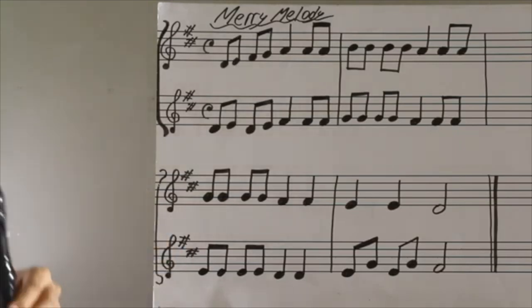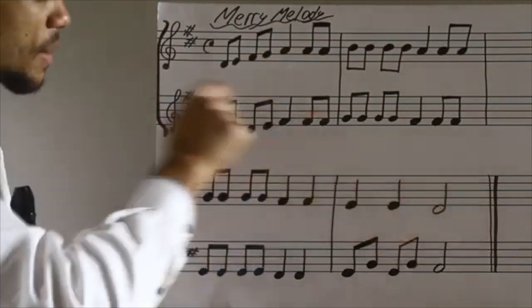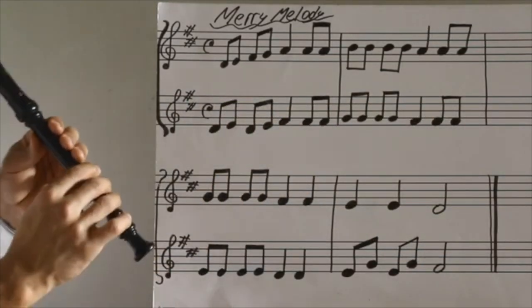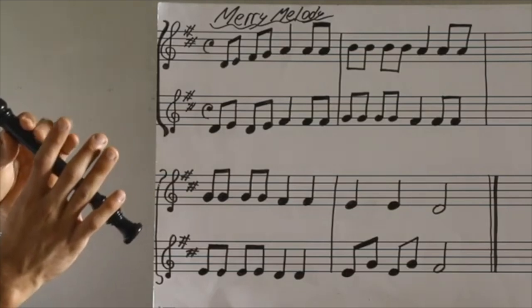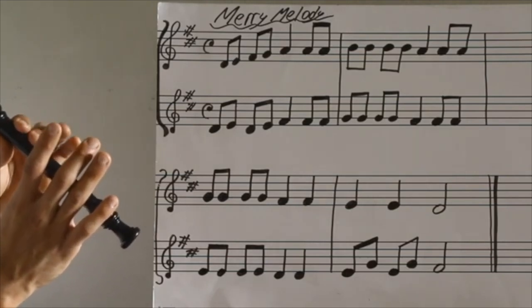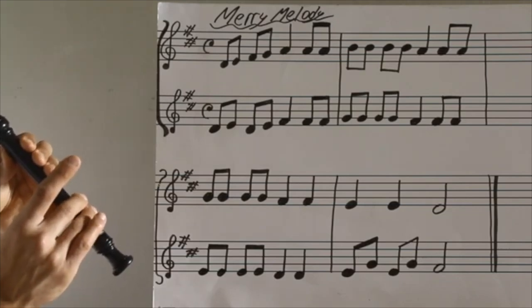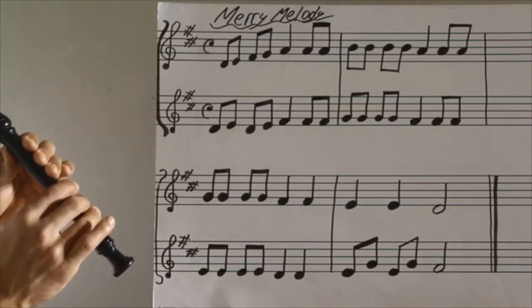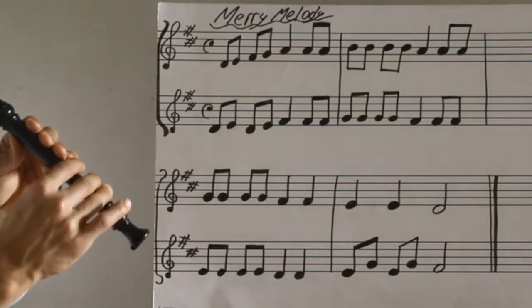Now to finish up, let's put the melody line. Then immediately after I do the melody line, I'm going to play the harmony line. Okay? 3, melody. Harmony. Let's go.